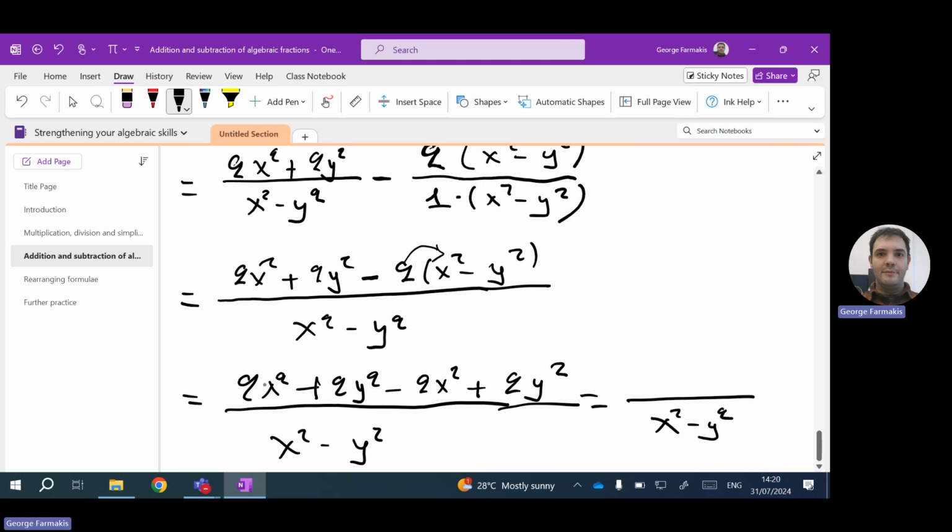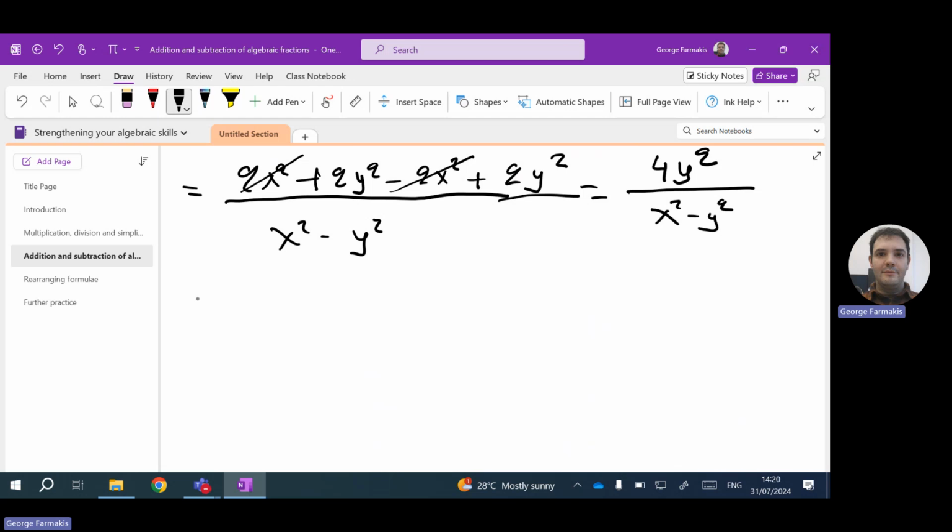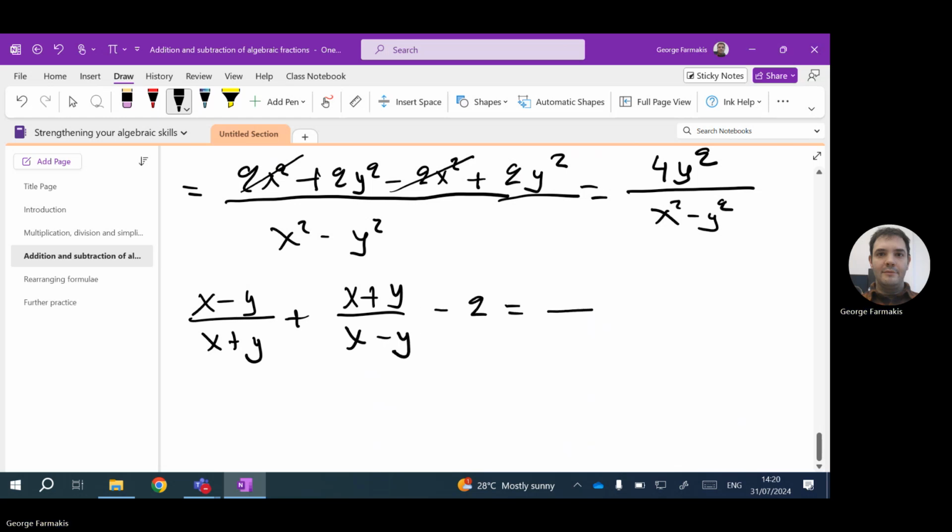And the numerator here we can cancel. 2y squared plus 2y squared, this is 4y squared. So we saw that (x minus y) over (x plus y) plus (x plus y) over (x minus y) minus 2 is 4y squared over x squared minus y squared.